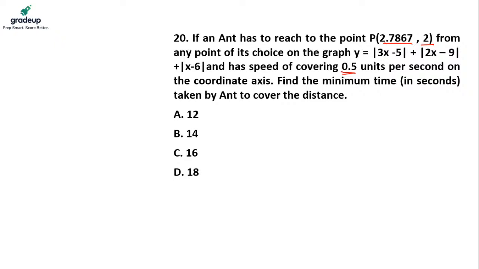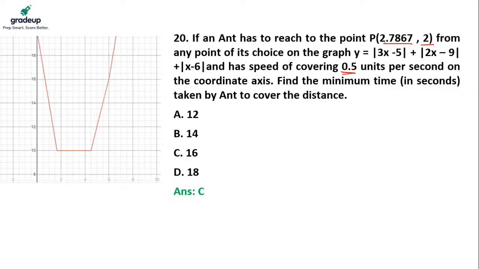First of all, we need to understand how this graph will look. This graph will look something like this. If x is less than 5 by 3, which is 1.6, then it will be a decreasing graph.